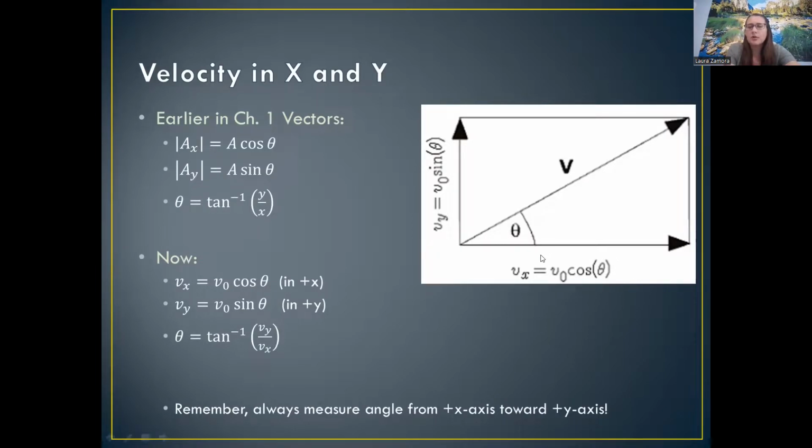And remember, the cosine of the angle is the hypotenuse of the triangle and the adjacent side of the triangle, right? Those are the two that factor in. So since our angle is here, this component of the velocity, the x component, would make use of the cosine function.